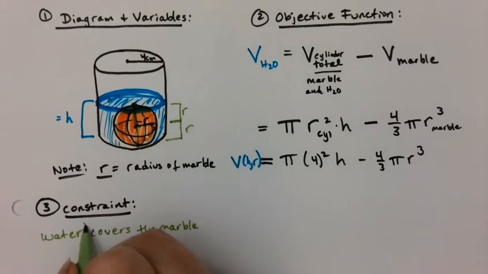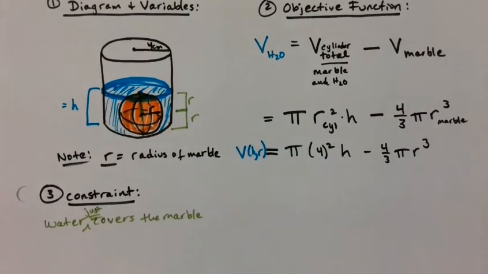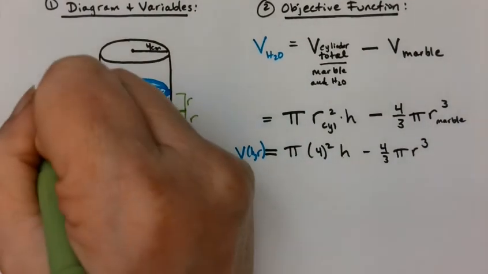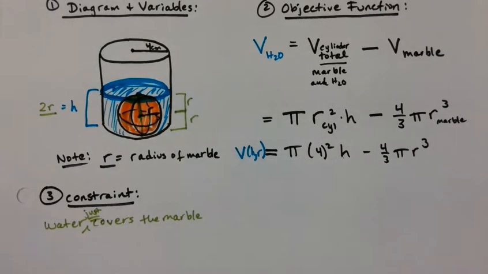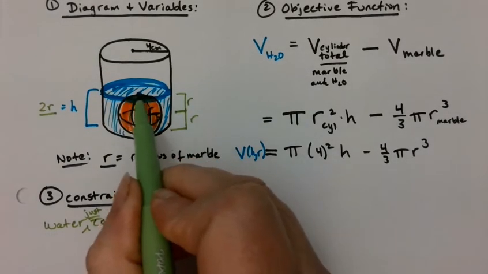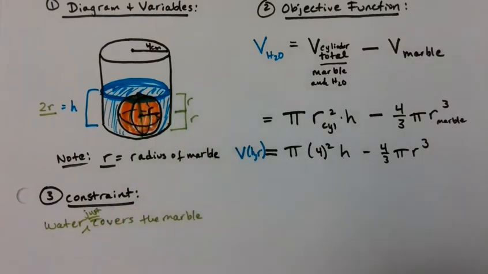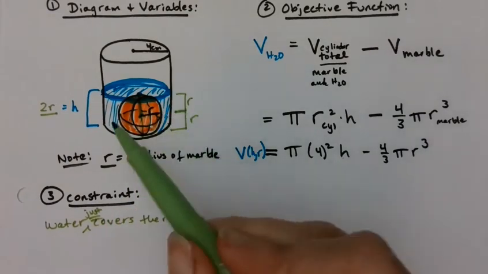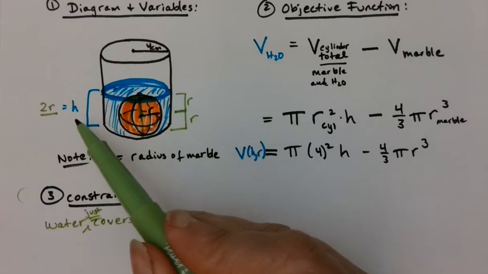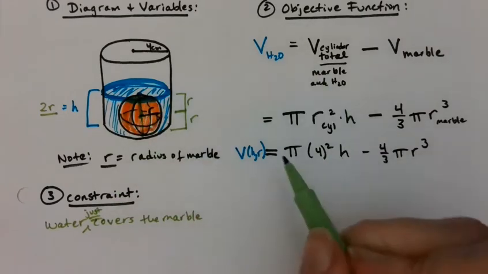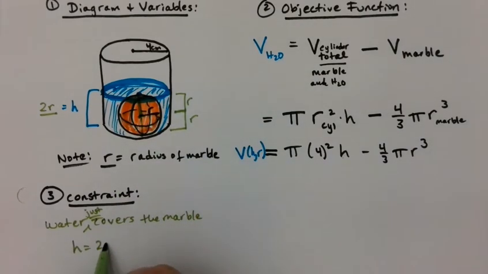So I should put just covers. Right? So h equals 2r. The water just covers the marble, and the marble is 2r, i.e. 1 diameter across. So diameter is 2r, so the h is equal to that diameter of that marble. That gives me h equals 2r.